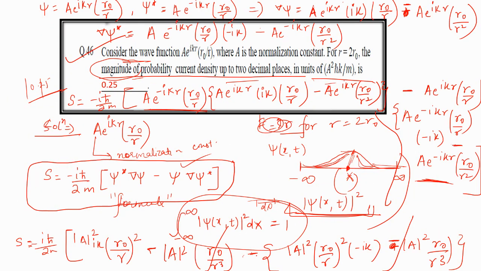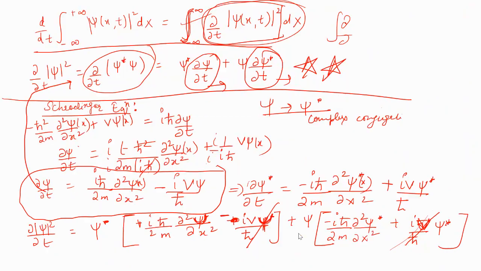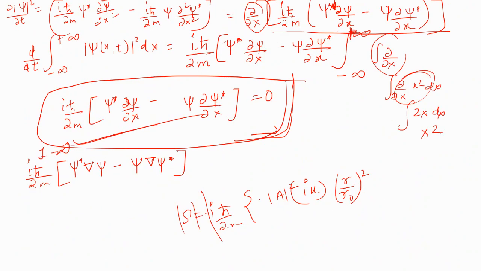If you see here, minus minus will become plus, so it will be 2 A square iota k r naught by r whole square. This 2 will cancel, leaving iota h cross upon m A square iota k.